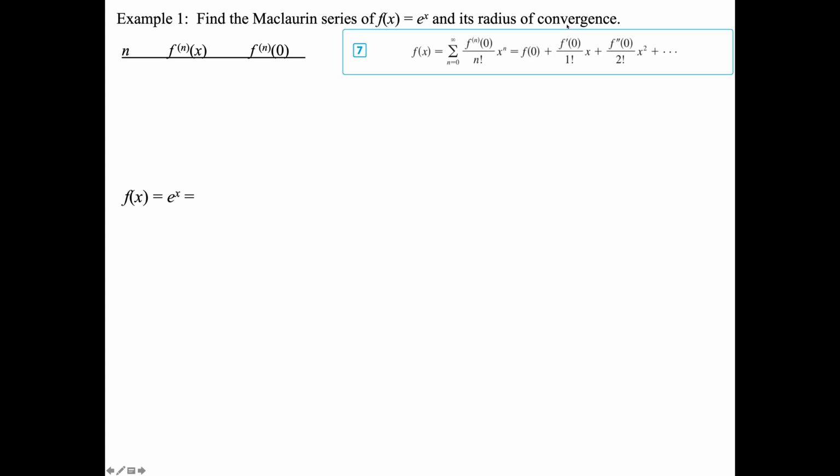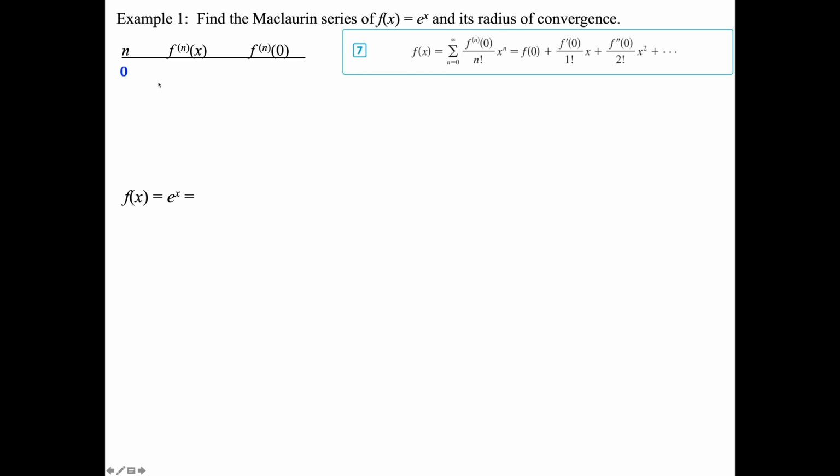All right, so let's find the Maclaurin series for f of x equals e to the x, and let's find its radius of convergence. So here's the Maclaurin series. What we want to do is first start listing out a couple terms so we can start writing out the series and find the pattern to how we're going to write our summation for our series.